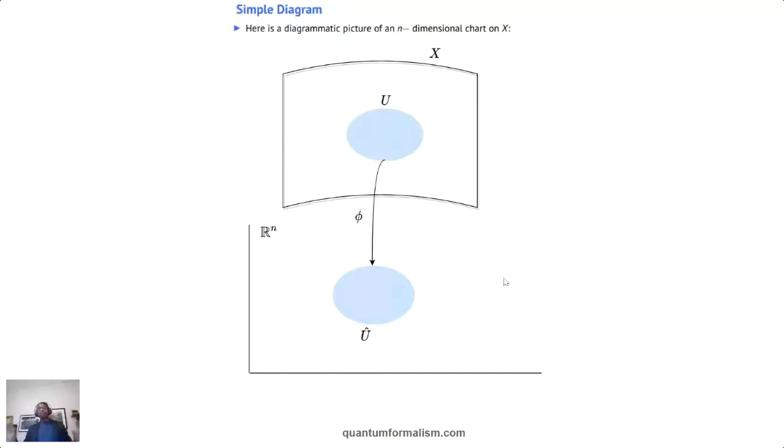Now, in principle, this homeomorphism doesn't need to exist. In that case, you cannot chart it, right? But for our purposes, I'm already giving any open set. We are able to identify an open region of Rn and a homeomorphism between them. That's what we want. And this is exactly what manifolds will give us.